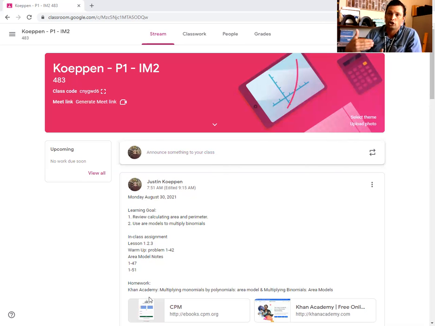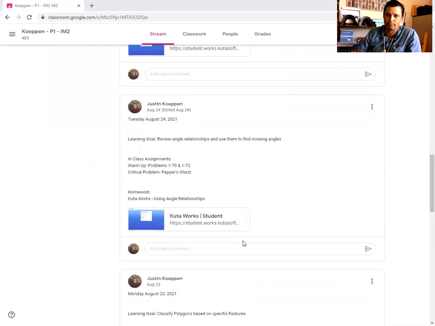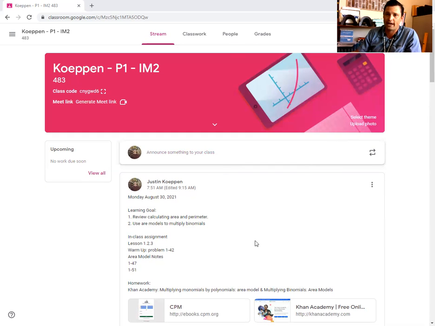You can get yourself added if your student invites you into the Google Classroom, and then you should have a parent platform to see it. Or you can just ask your scholar to show you the Google Classroom so that you know what's going on. Again, every single day there's going to be a post that shows that.